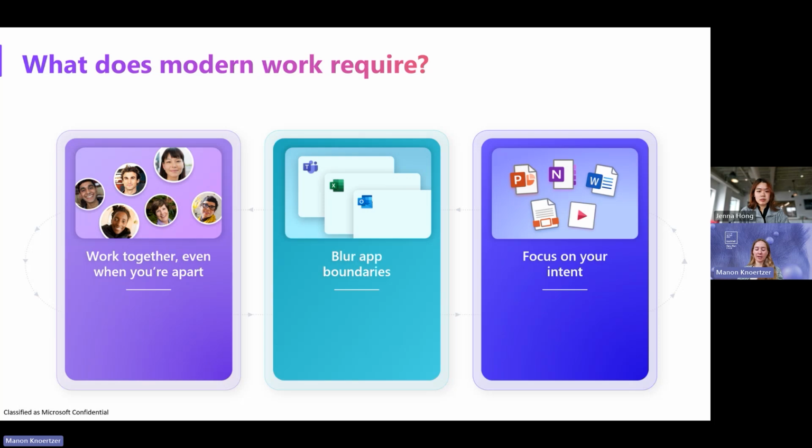The focusing on intent piece has become even more important with generative AI, thanks to that chat format, where you can just start with your intent, ask your question, get your answer, and you're not really thinking about what application you're using. So those three things: working with multiple people in a distributed way, being able to have all your information in the same place or at least blur those app boundaries, and that allows you to focus on your intent and what you're actually trying to do.